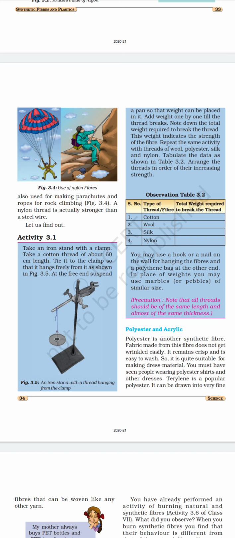Okay. So students, we wear sweaters and use shawls and blankets in winters also, right? Many of these are actually not made up of natural wool. Though they appear like they are made up of natural wool, many of them are not. Basically, they are prepared from another type of synthetic fiber, which is the acrylic one.